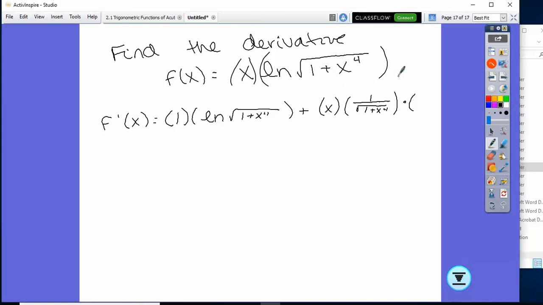So keep in mind that's like 1 plus x to the 4th to the 1/2. I'm not going to have enough space. So the 1/2 would come down. Inside stays the same. Subtract 1 from the power. And derivative of the inside, derivative of 1 plus x to the 4th is 4x cubed.